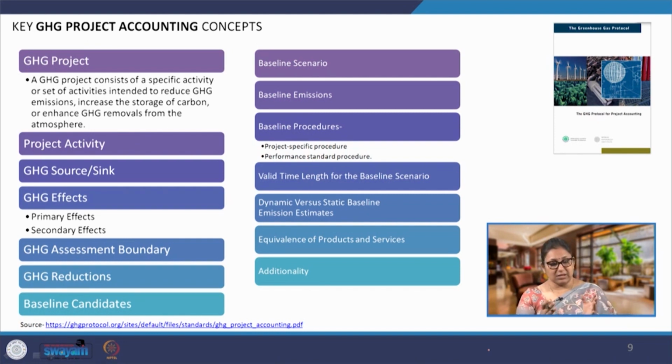If we have a dynamic baseline, it will continuously improve, it will be like a linear thing. If it is a static baseline, it will be a stepped approach. So, if we have a static baseline, we have a time period to it. There is a reduction in the emissions, and that is where we will reach.